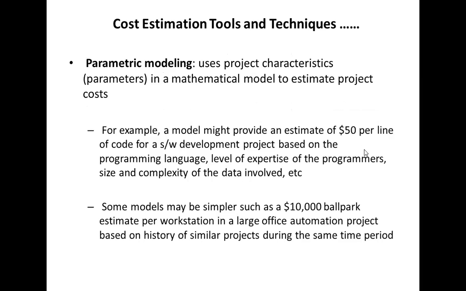Okay, we look at the components of the activity, so the coding of the project. We can estimate per line of code, look at all the lines of code, and then add up the amount and have an idea about the cost it takes.